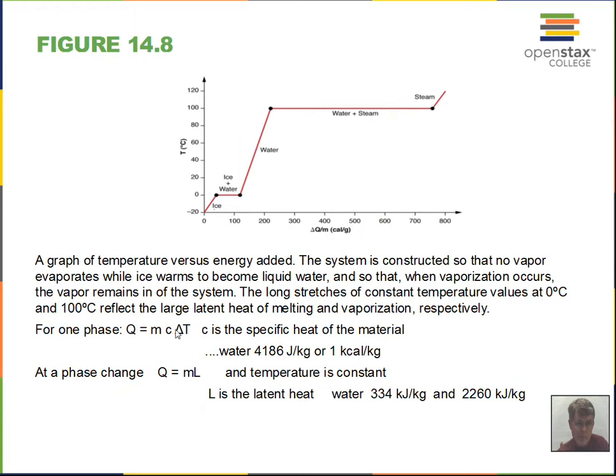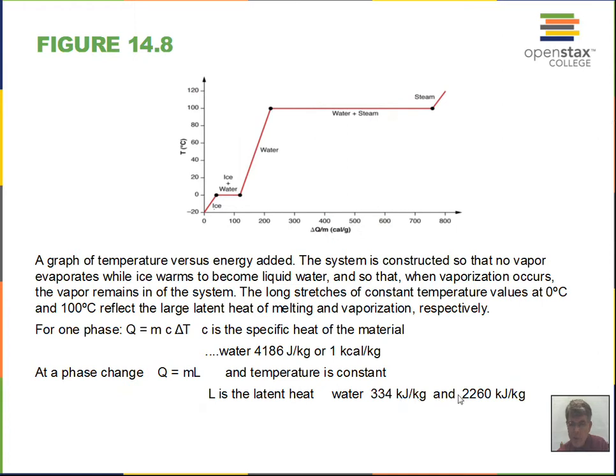So the phase change is handled this way with energy. The energy is equal to the mass of the object times the latent heat, and these units are correct. So for water, in order to melt ice and create water, we have to add 334,000 joules to a kilogram. That's kilojoules here, 1,000 joules.